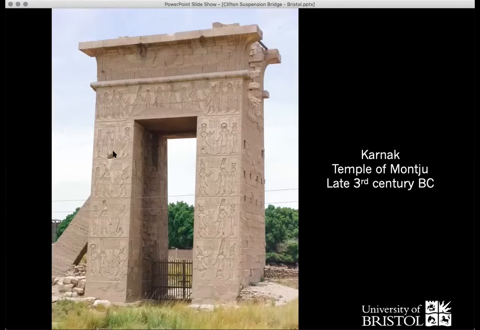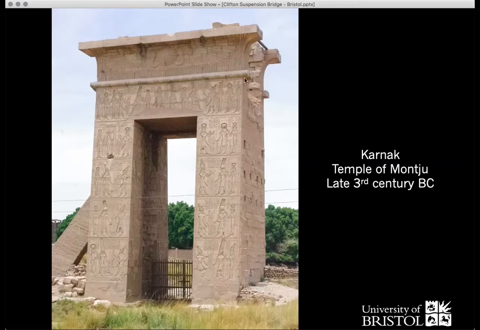And what we can see here are the principal elements of an Egyptian gateway, with the splaying out from the main level out to the top, and also the cavetto cornice, and this torus moulding, this rounded piece running along there.